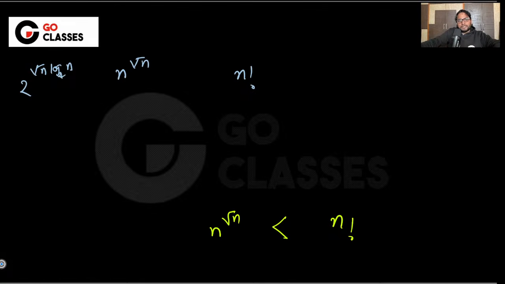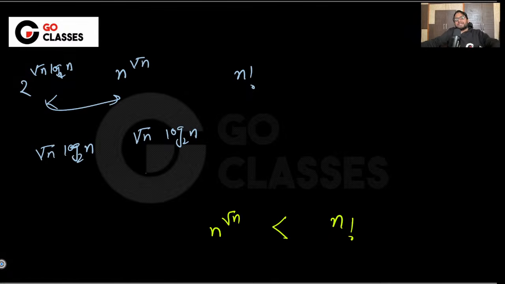Maybe I can compare this again with n factorial. You can compare with anything. So it will be root n log base 2 n. If you take the log, it will be outside. I think both are the same after taking the log, so you can't say anything.